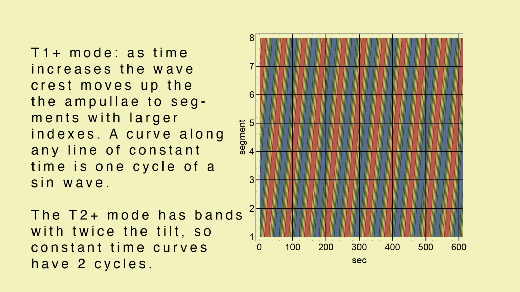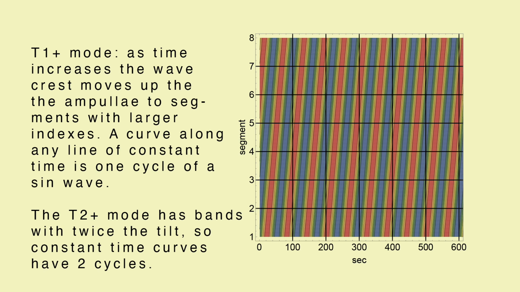This flat contour map, made using Mathematica, describes a simulation of mode T1+. Colors indicate the width of segments, blue merging with green being small, and red merging with yellow being large. Pick a red band, the crest of a wave, and follow it up the ampulla segments 1 through 8.